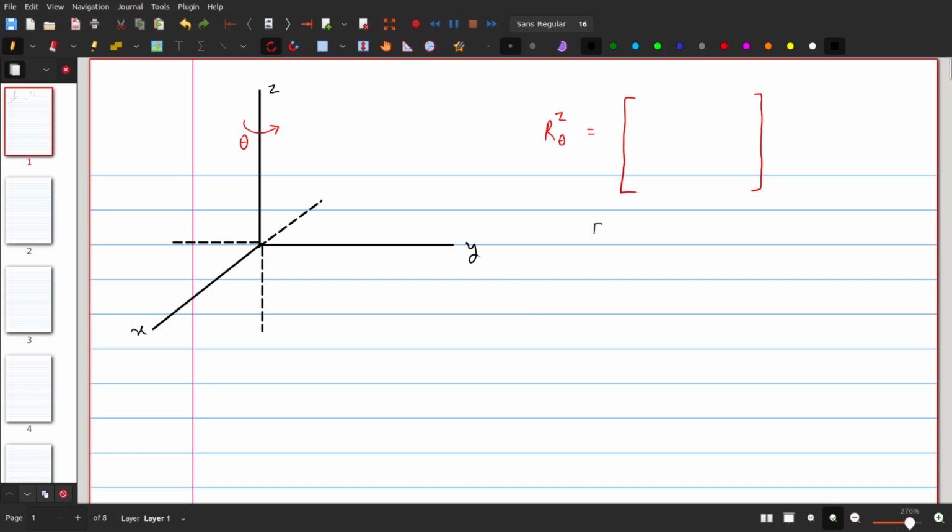In particular, if we take the unit vector 0, 0, 1 along z-axis and we apply this rotation on this vector, then we'll again get back 0, 0, 1.